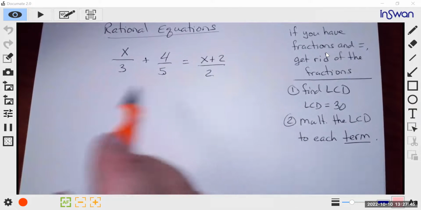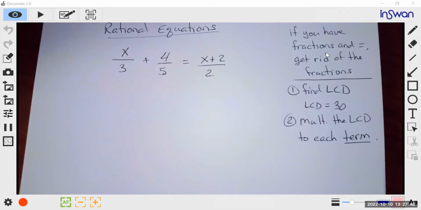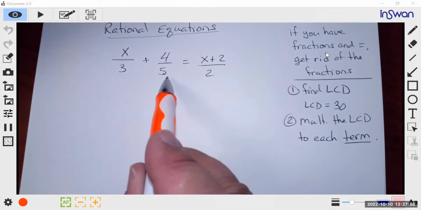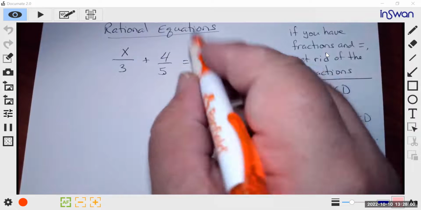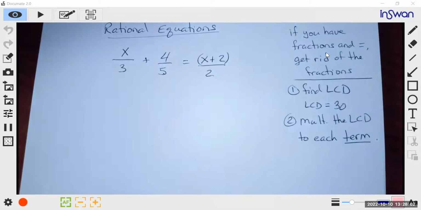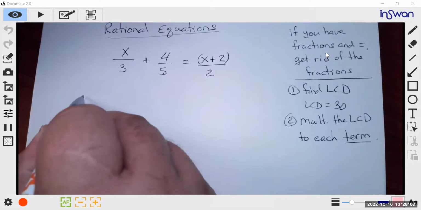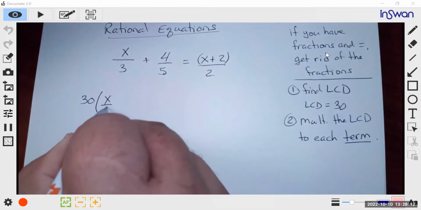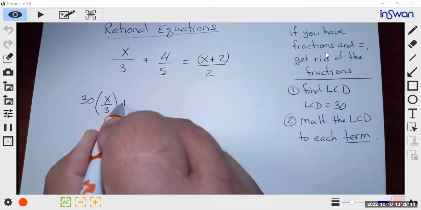So how many terms do we have here? 3. Here's the first term, the second term, the third term. This is an equation on top. You can't split those up. So we multiply 30 to each of these terms.